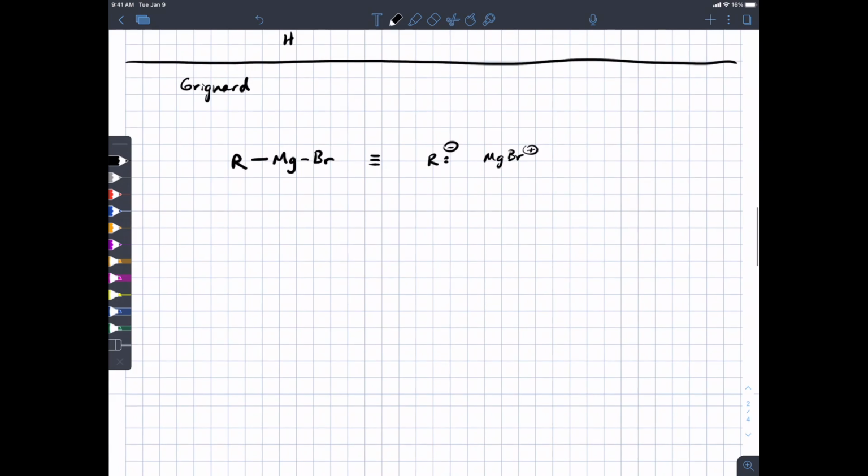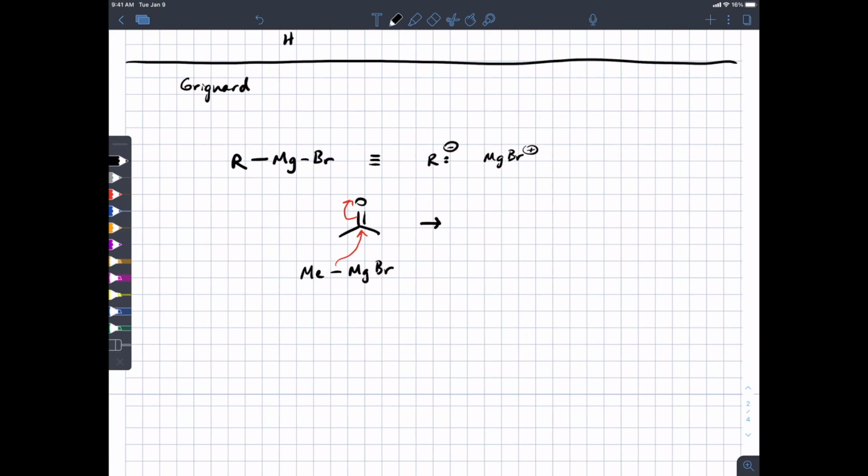So the typical mechanism that's used, especially for, say, methyl Grignard and acetone, is that the Grignard reagent delivers methyl anion to the carbonyl.